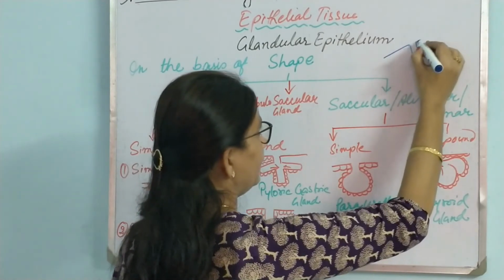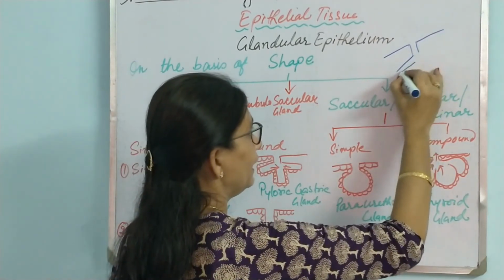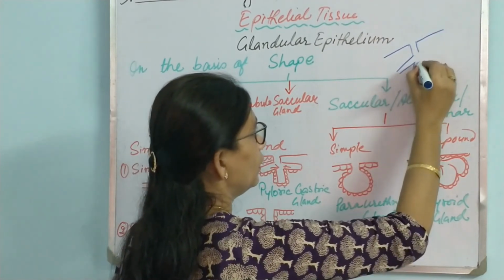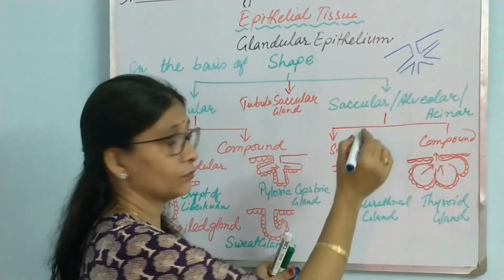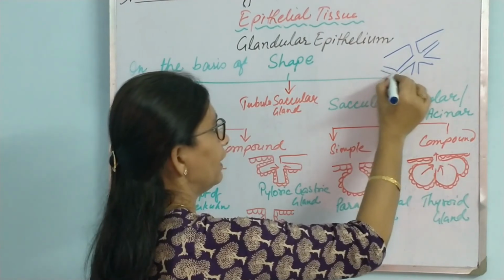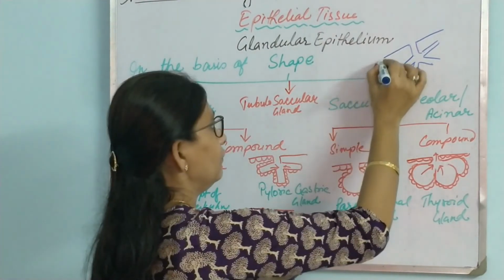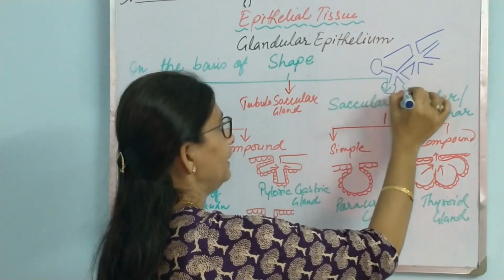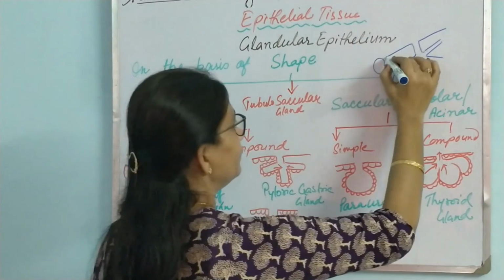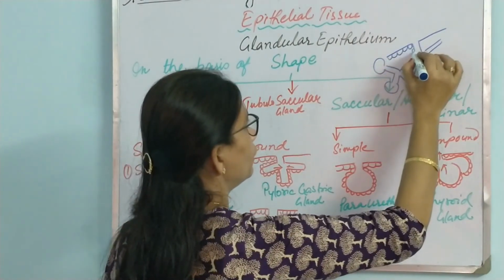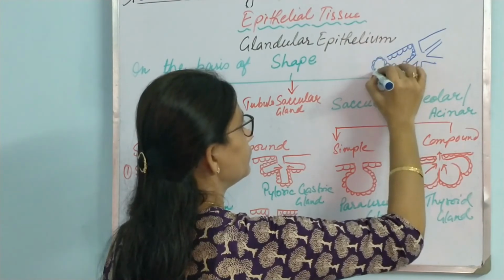there is an opening and it gives rise to tubule-like structure. This will again divide into many tubules. Now this will again divide. 2-3 divisions will be tubular, and then there will be sac-like structure at the end. So this is a combination. There are cells all around, everywhere there are epithelial cells.